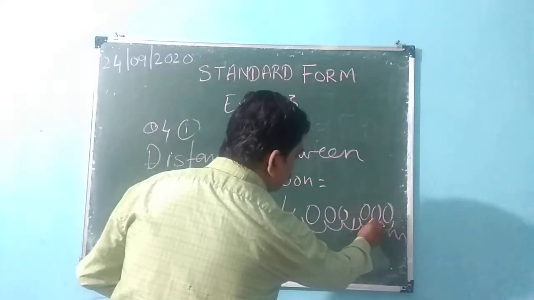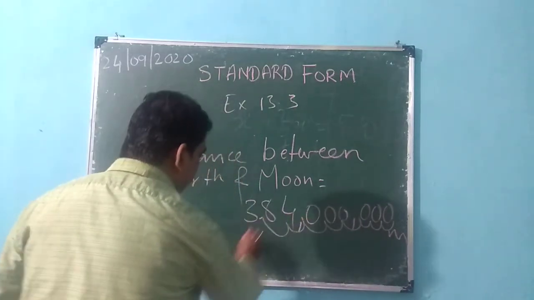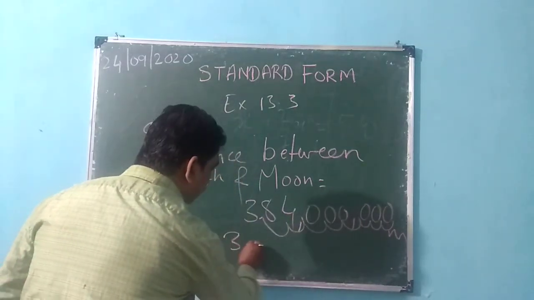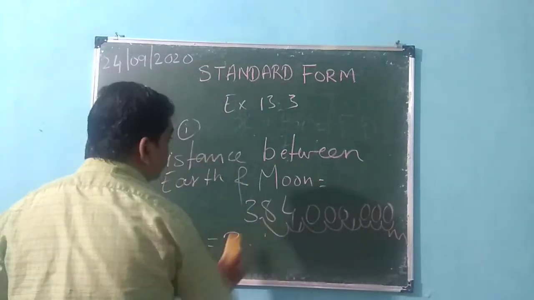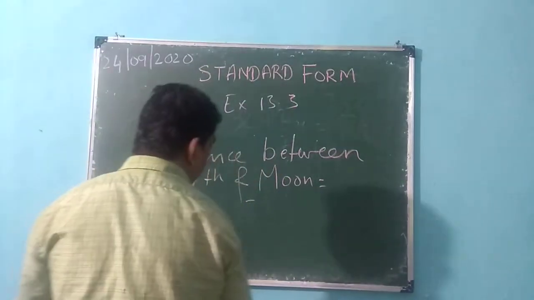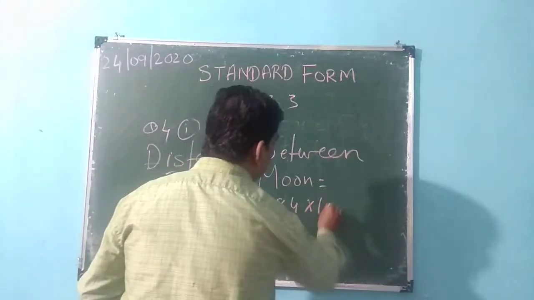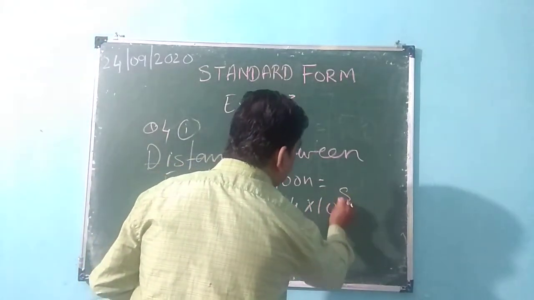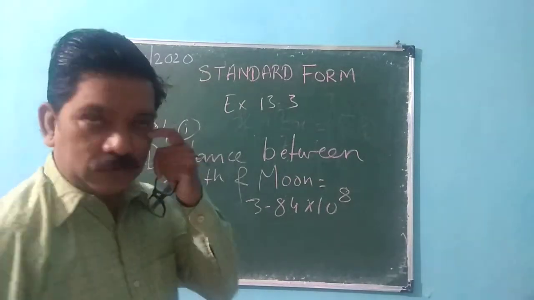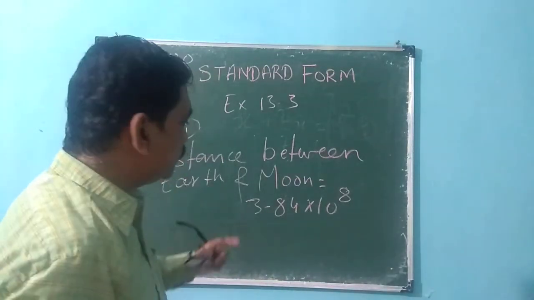Here 1, 2, 3, 4, 5, 6, 7, 8. Let me write it a little up: 3.84 into 10 to the power 8. Alright? Clear? I think there shouldn't be any difficulty here.